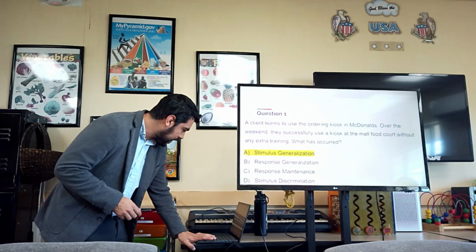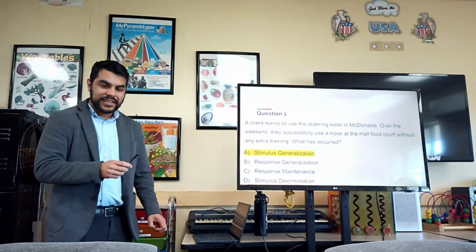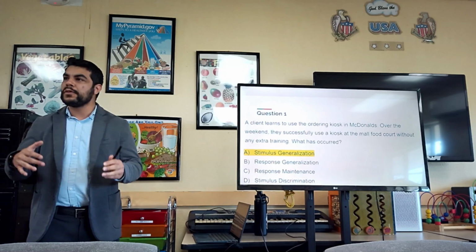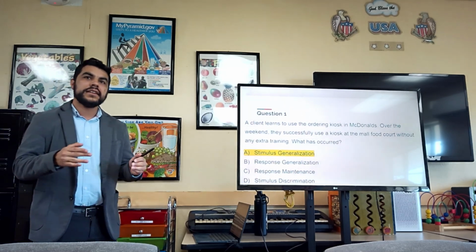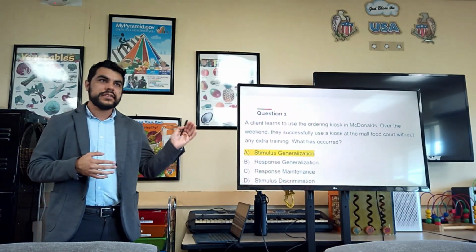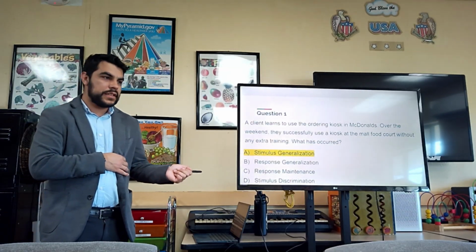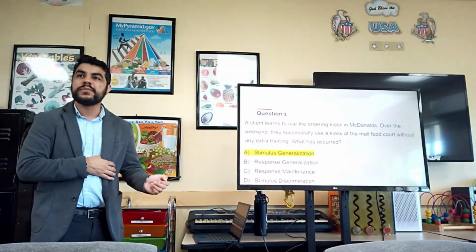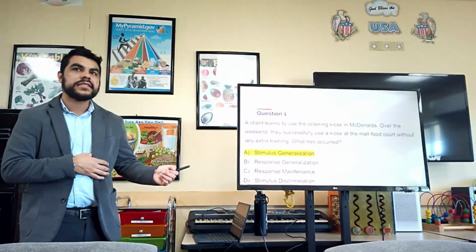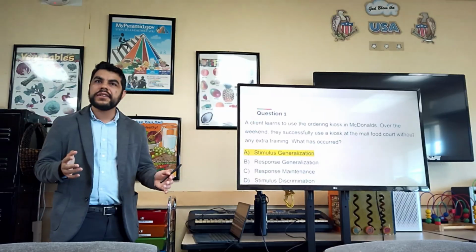Let's see. This is stimulus generalization. Yes. This is the same behavior, checking out or ordering food on a kiosk, done in a different context. In this case, it is a different location. But this could also be stimulus generalization if this was done in the presence of somebody else. Let's say this client had their community integration outing.